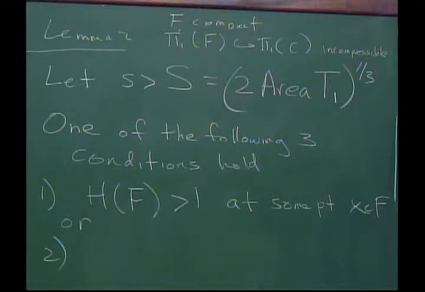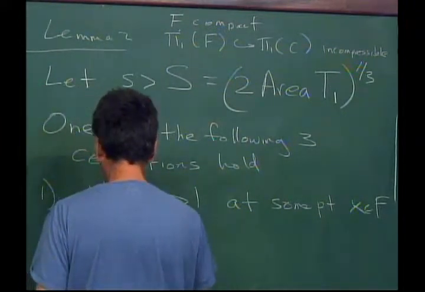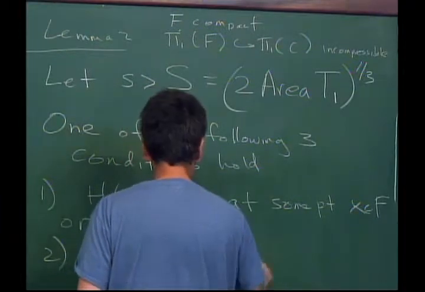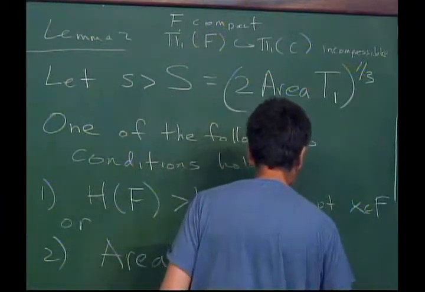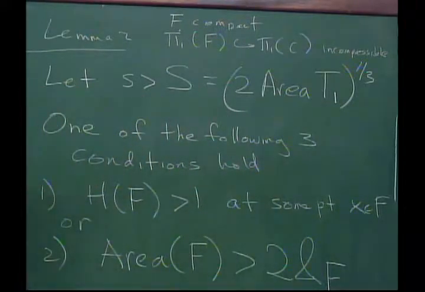We're not assuming F is minimal. Or the area of F is greater than twice the infimum of areas for its boundary. So it's off by a factor of 2 from being an area minimizing surface.